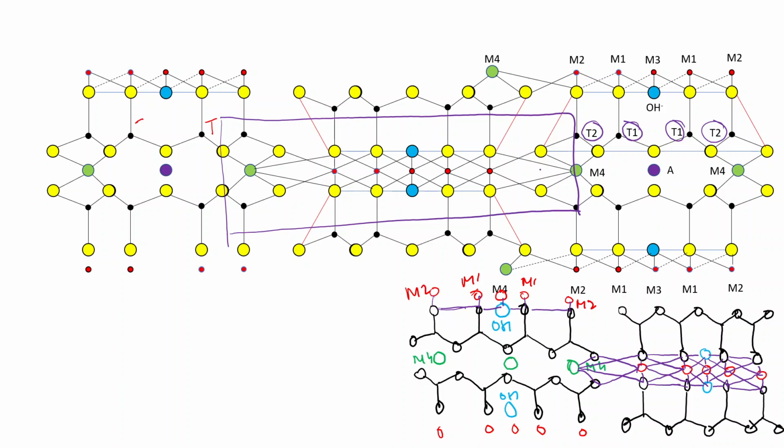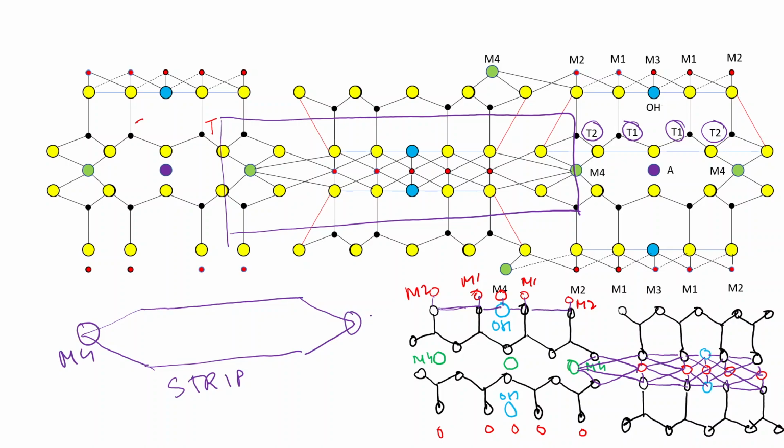So what you are seeing, this is the strip, this shape. This is the strip of the cations with M4, M4.